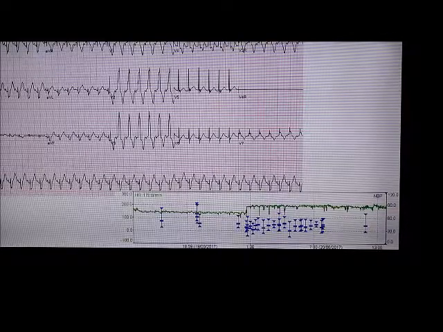What does the P wave look like in sinus rhythm? Not voltage. Morphology. Morphology meaning its axis, for example. What's the axis like? Positive in aVF and negative in aVR.